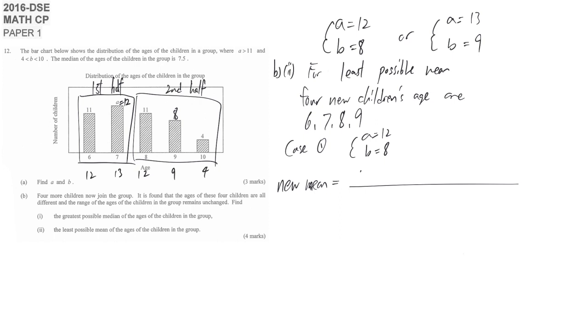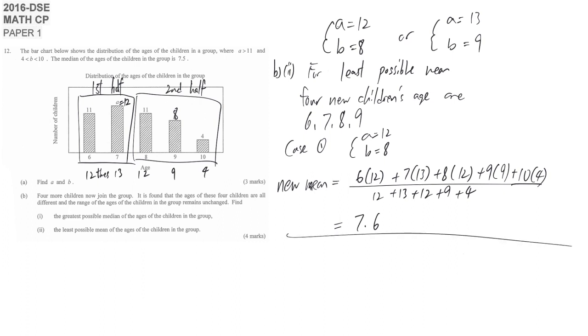So age 6 appears 12 times, 7 appears 13 times, 8 appears 12 times, 9 appears 9 times, and finally 10 appears 4 times. Divided by the total number, 12 plus 13 plus 12 plus 9 plus 4. Then the new mean is 7.6.